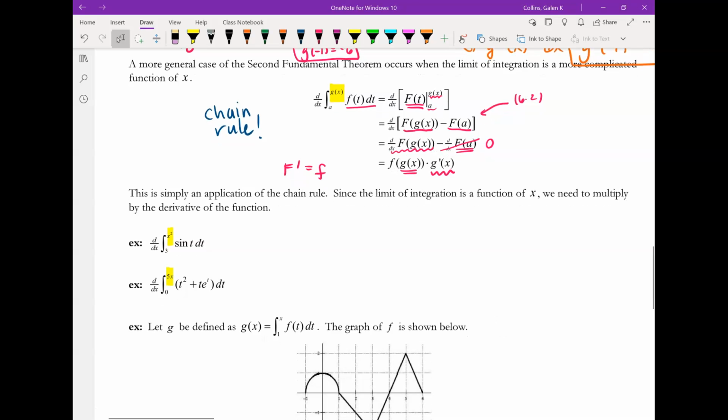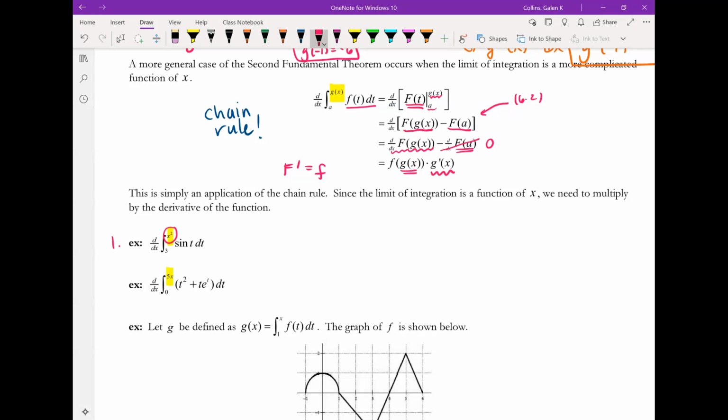So let's apply it in these next two examples together. I wish these were numbered. I'm going to call this example 1. If we look at this first new example where we're applying the chain rule, we know that because it's an accumulation function, we're going to replace the sine of t with this limit of integration.